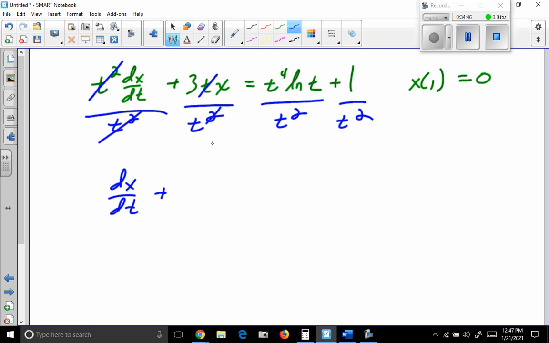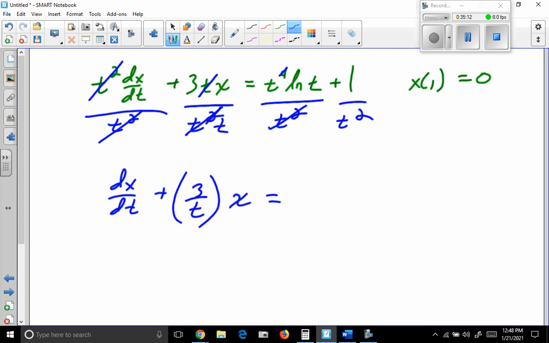That t and that t reduce, leaving us a t on bottom. And remember that x is our dependent variable. So if we have a dx dt here, we need an x here. And then we can call this either 3 over t or 3 times t to the negative 1, either way. So I'm just going to write it like this. x times 3 over t.